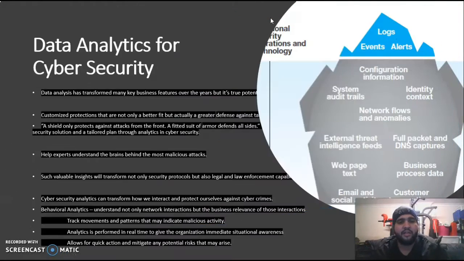Data analytics has all the information about events and alerts, and it also helps us track movement and patterns that may indicate malicious activity.